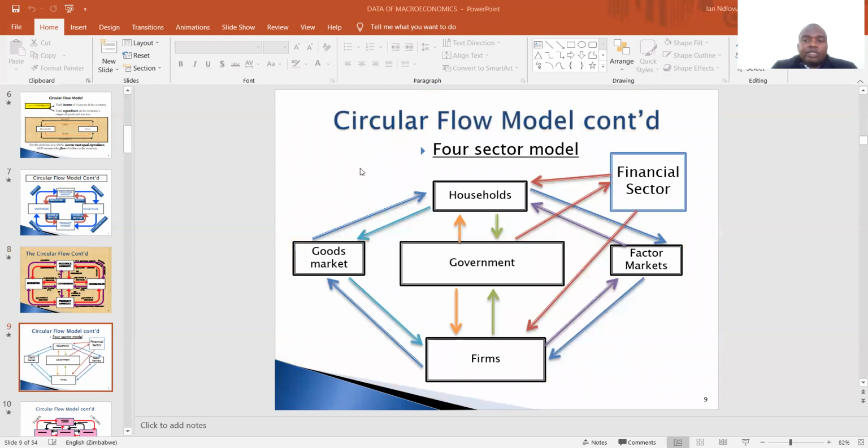And then in the 4-sector model, not only do we have the government, but we now have the financial sector, which includes insurance companies, banks, the stock exchanges, and so on and so forth. The aim of the financial sector is to facilitate financial intermediation of funds in the economy.